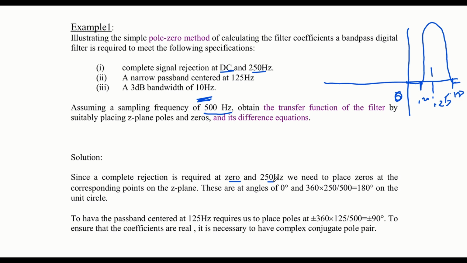Now, anytime you are designing a filter for the real world, usually think in the direction of pairs of poles and pairs of zeros. Because you see these z transforms, especially the one we are using here, the z transform has components in both the imaginary and the real component.